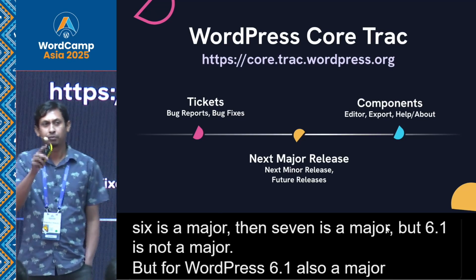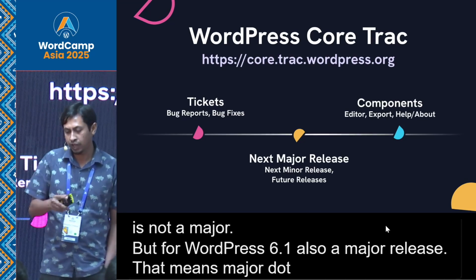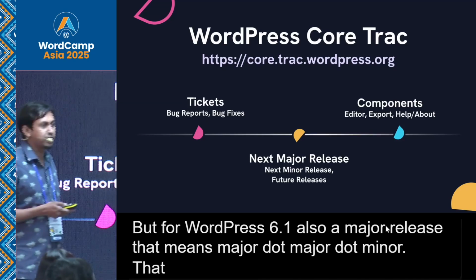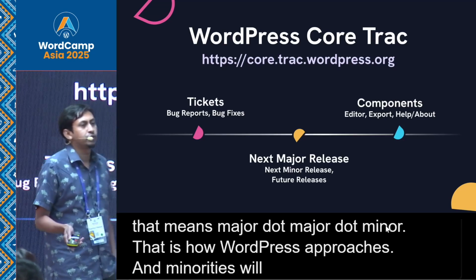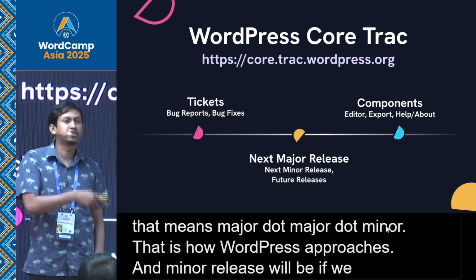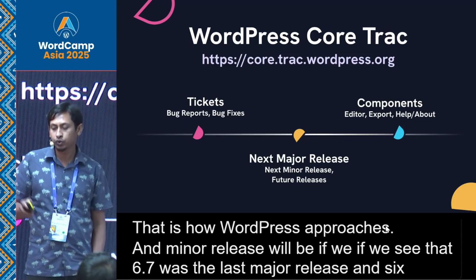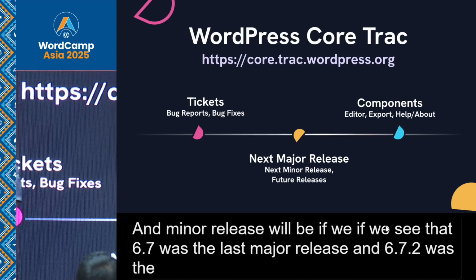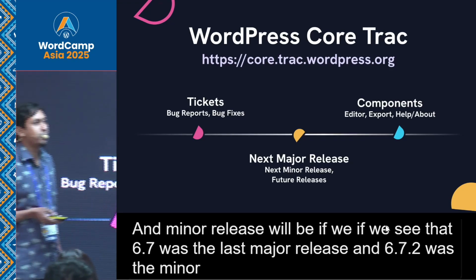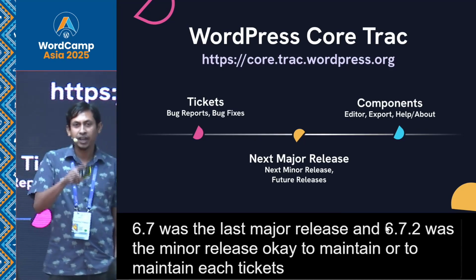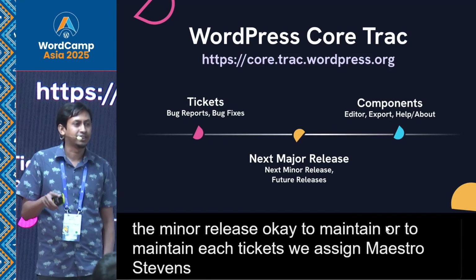A minor release would be, for example, if 6.7 was the last major release, then 6.7.2 was a minor release. To maintain each ticket, we assign a milestone for each ticket.